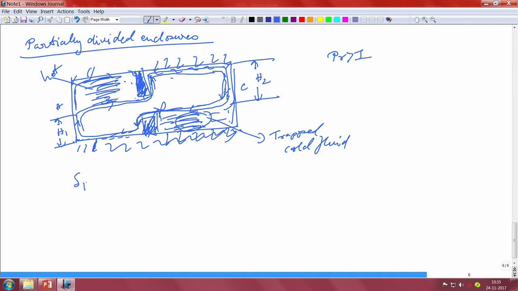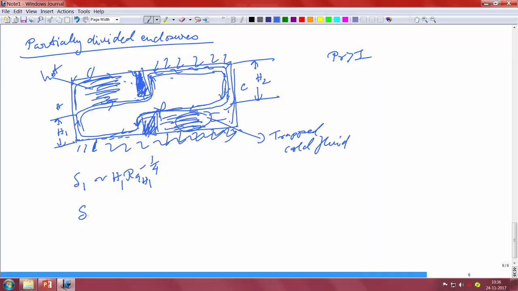So delta 1, that means the thermal boundary layer thickness, is h Ra_h to the power of minus 1/4. In this case it will be h1 and this will be Ra_h1. This is the effective height of the enclosure. The effective height of the enclosure is not the whole height h, but only h1 which is participating in the natural convection process.